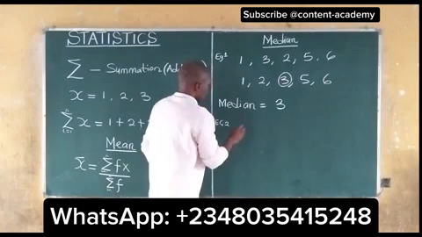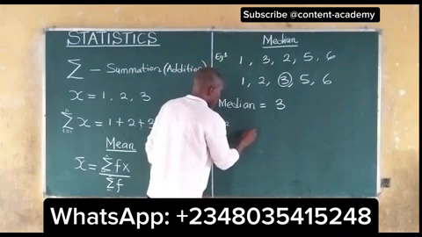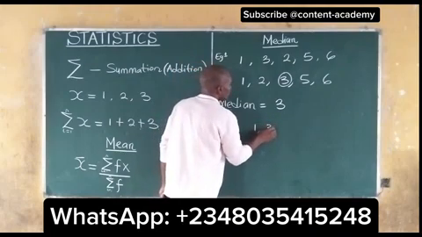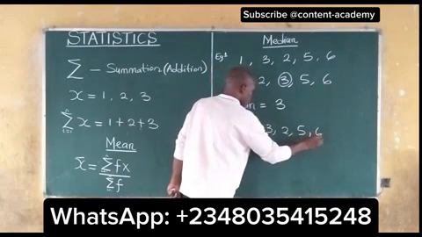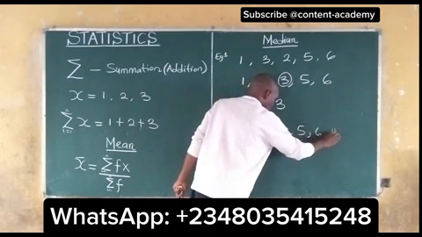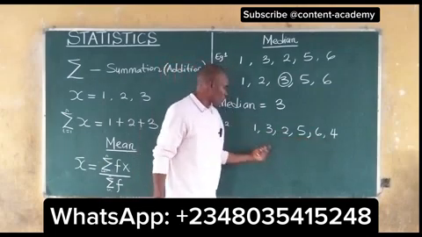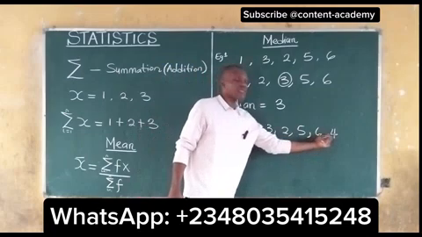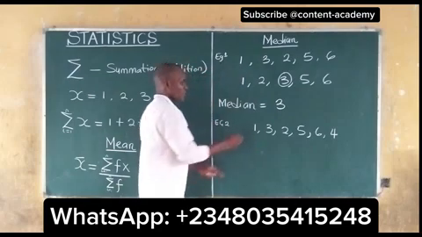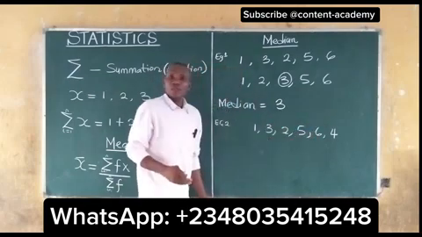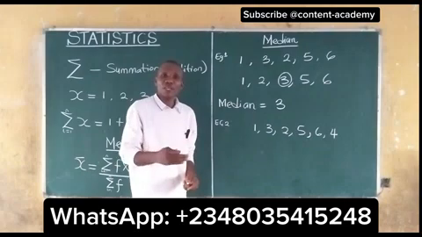Example 2 for the median, if the value is even, that means if we have, say, 1, 3, 2, 5, 6, and 4. Now, this is an even number because we count 1, 2, 3, 4, 5, 6. We have 6 data sets here. What is the median? We first rewrite this data in order of magnitude, that means in ascending or descending order.